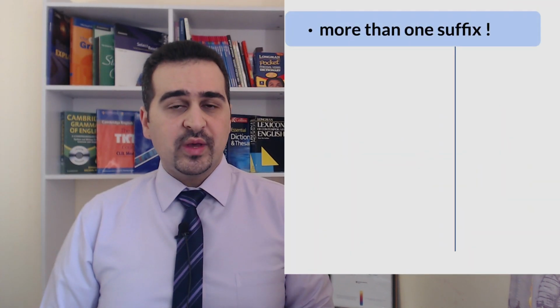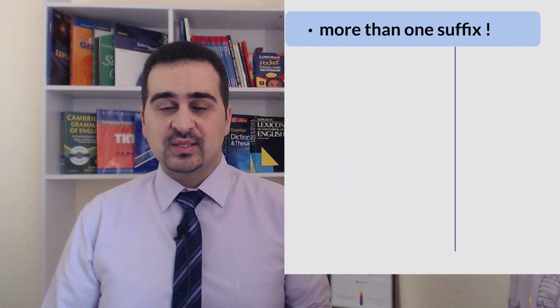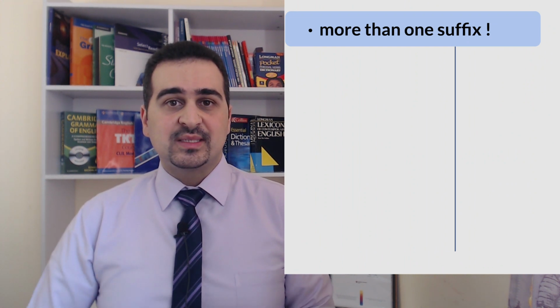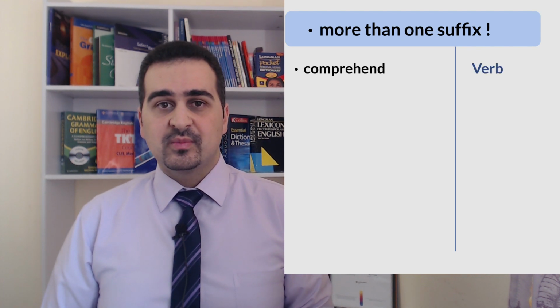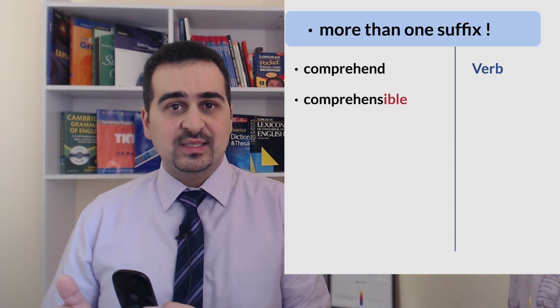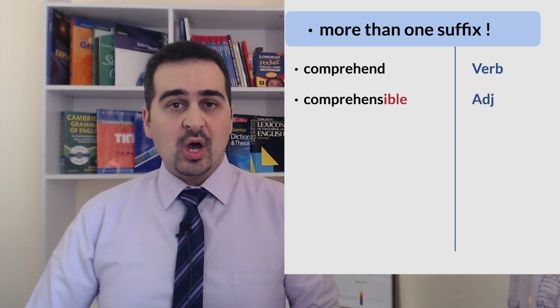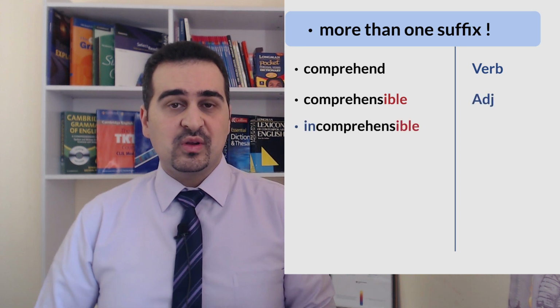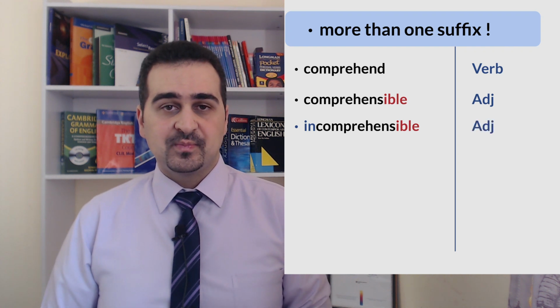Can we have more than one suffix in a word? The answer is yes. Let's take an example. Comprehend is a verb. We can make it into an adjective by adding the suffix ible, comprehensible. Then we can make it the opposite by using the prefix in, and it becomes incomprehensible.